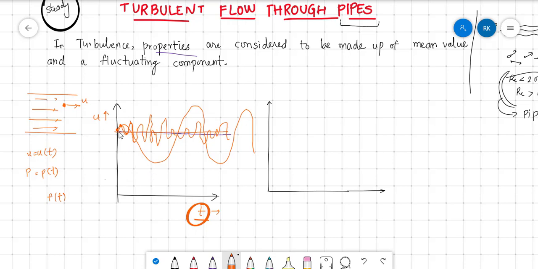But here there is random fluctuation. There is no particular function to define it. But there is a mean value. So we can consider this as u dash.